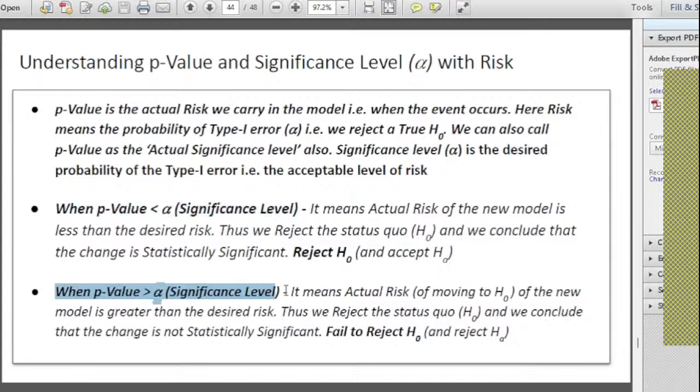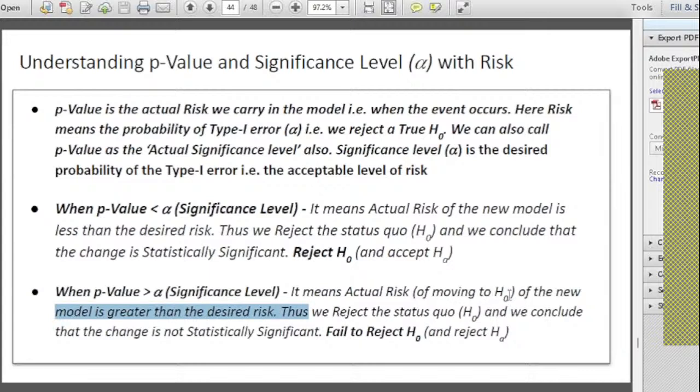And alternatively, the second case is when p value is greater than alpha, 15% risk. It means the actual risk of moving to the new model is greater than the desired risk, right?